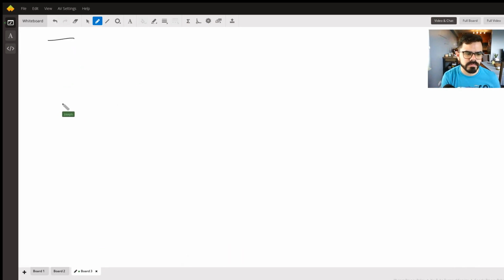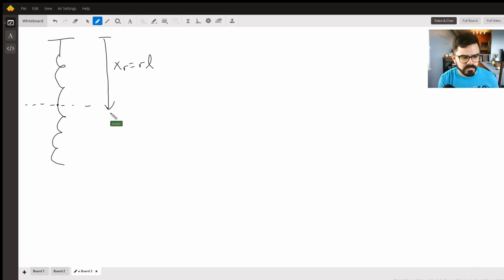The other problem wants us to put a mass somewhere there, and I'm going to call this position XR, which is a fraction of the initial size. It's useful to put it in fractions of the initial length.